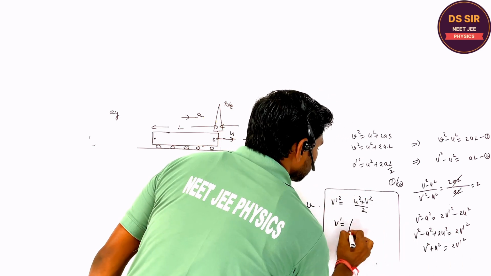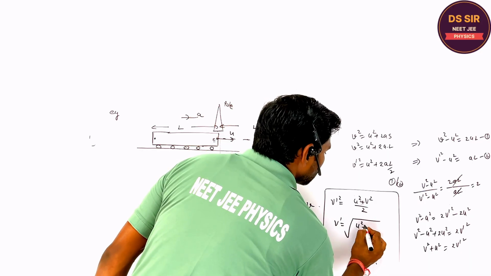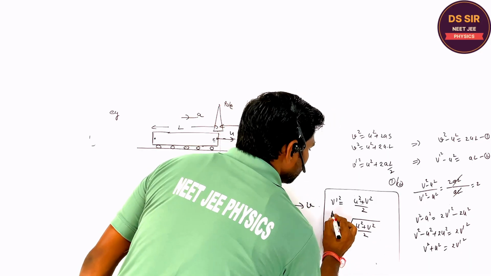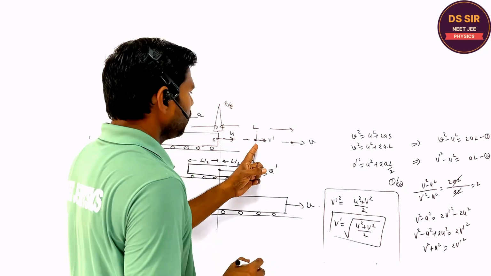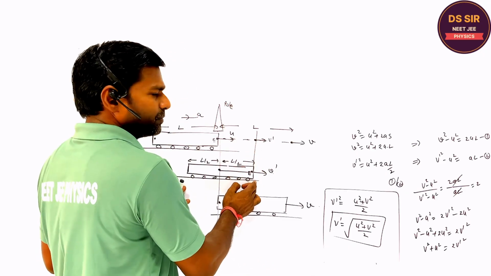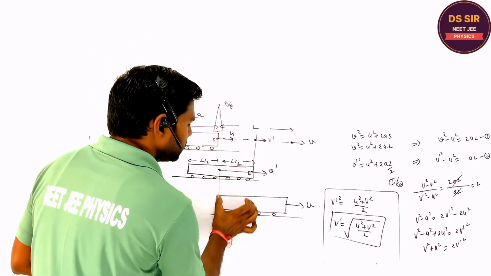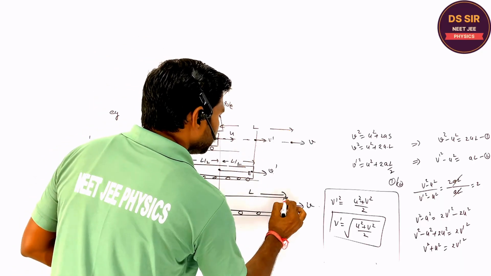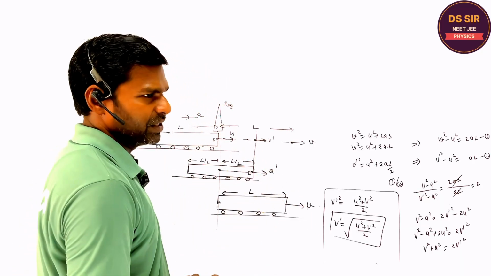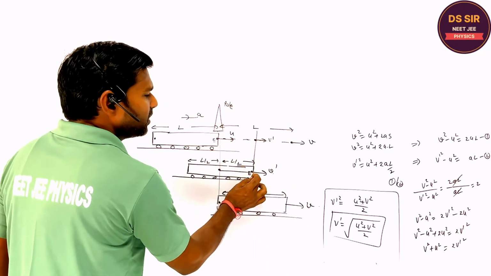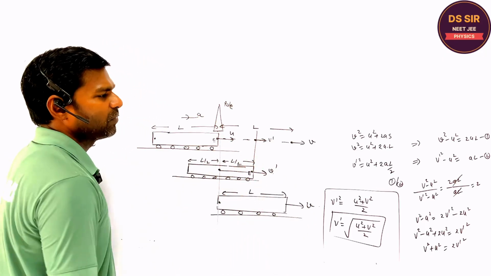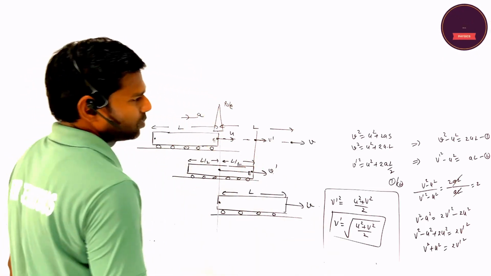So v dash is the square root of (u square plus v square) by 2. This is the velocity of the train when it crosses only the L by 2 distance. And when it crosses the L distance, its velocity becomes v. It is given, the v dash you have to find. This is the v dash. Copy this.